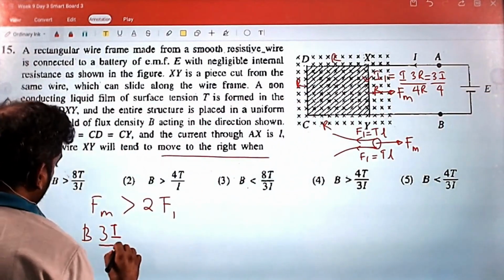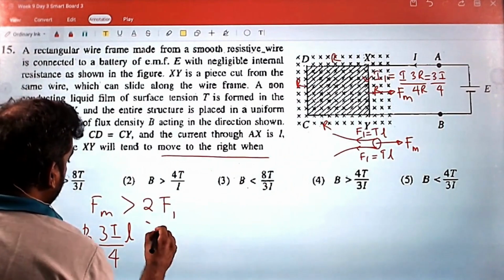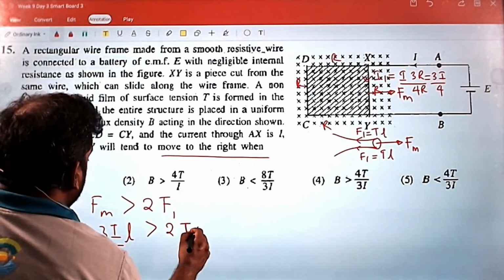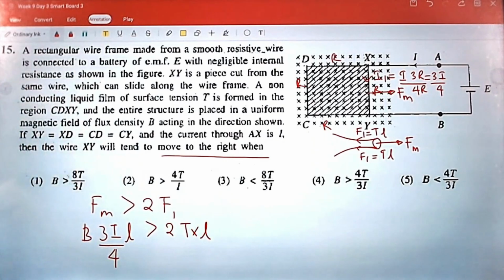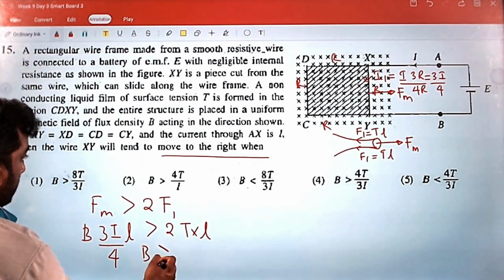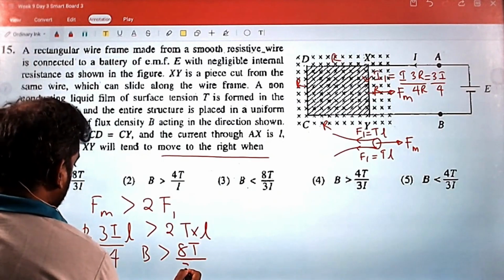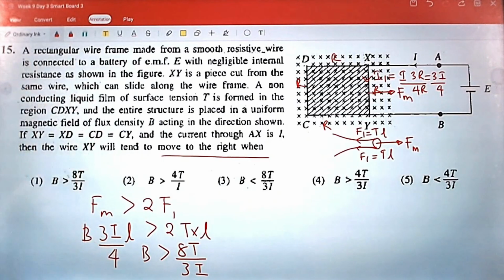So B times 3I divided by 4 into length L is greater than 2 times surface tension force, which is surface tension into length. L cancels off. What can you say about the magnetic field? B is greater than 8T divided by 3I. Correct answer is answer number 1.